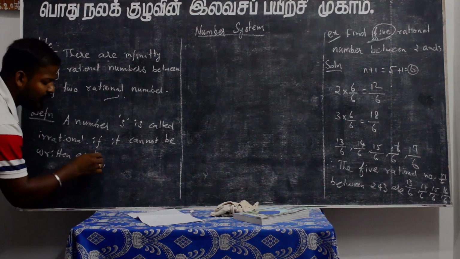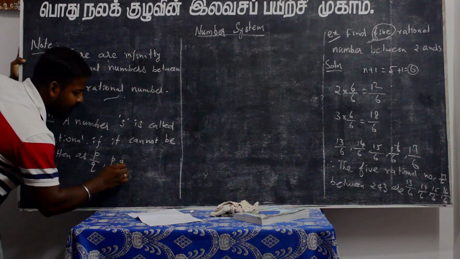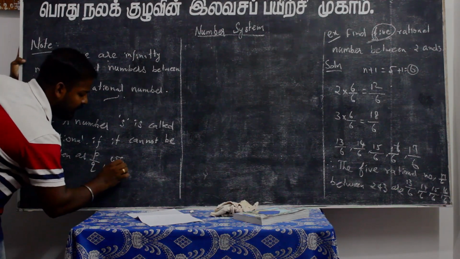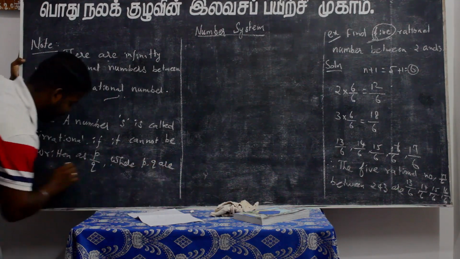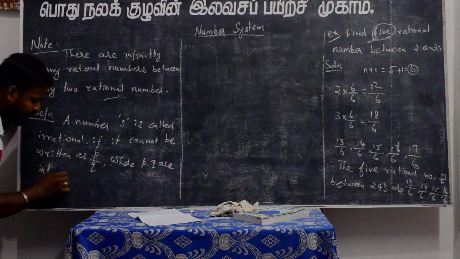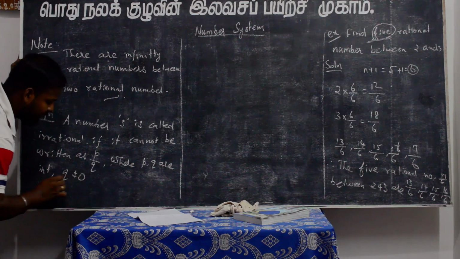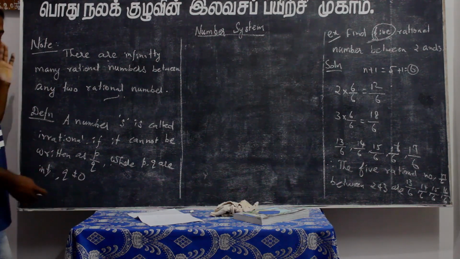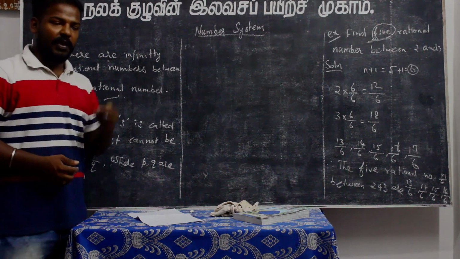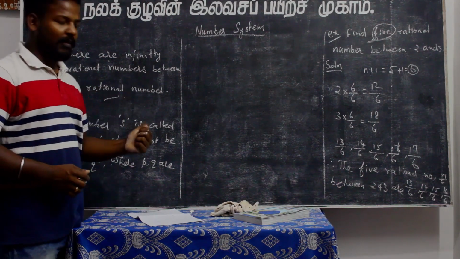So what about your P and Q? P and Q are integers, but Q is not equal to 0. So if any number you can write in the form of P by Q, that is a rational number.